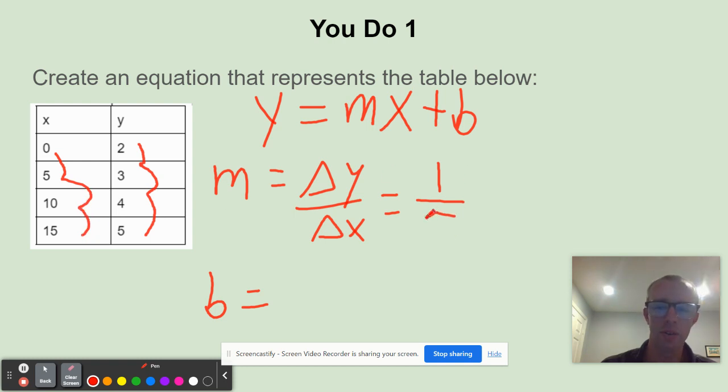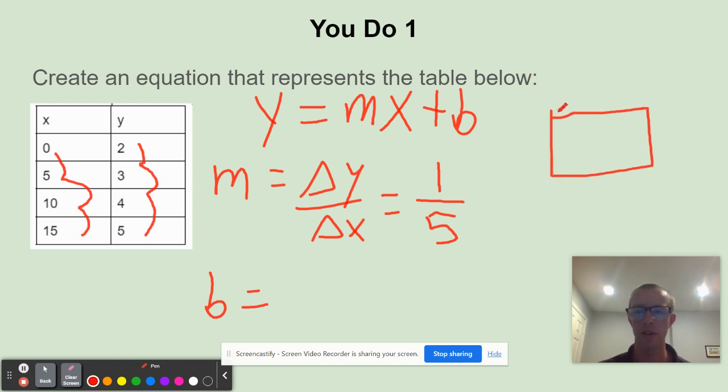So we get 1 over 5. When I taught this lesson, students kept calling this 5. This is not 5. This is 1 divided by 5. If I have one candy bar and I divide it among 5 people, you're all going to get 1/5 of a candy bar. You're not going to get 5 candy bars. So this is 1/5, and it stays 1/5.